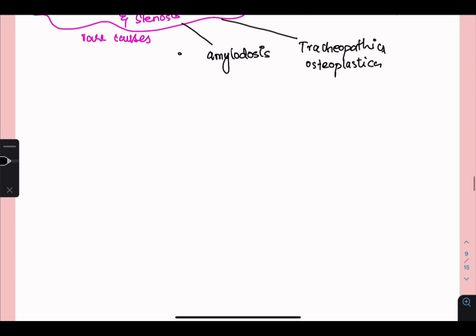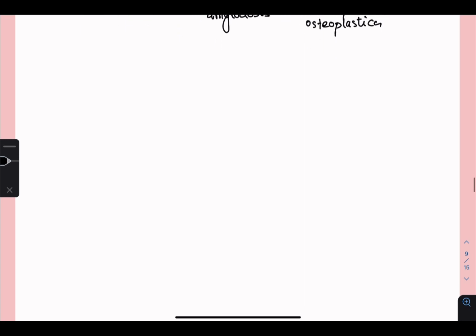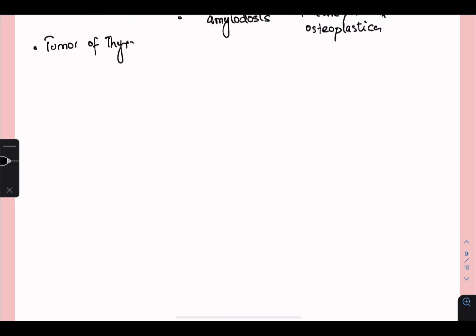There are also tumors of the thyroid, esophagus, or lungs. They may displace or compress the trachea, and if they are malignant, they can invade the trachea.